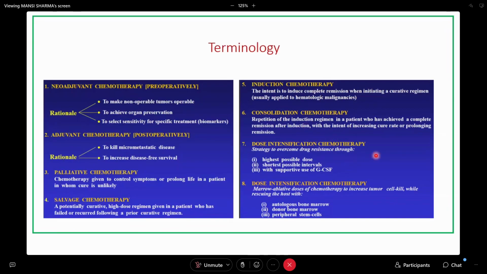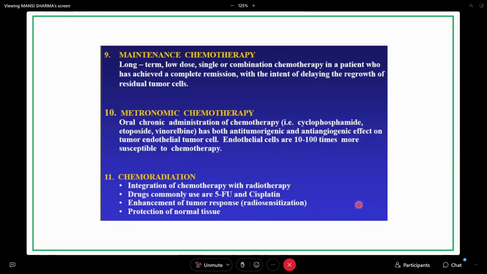Dose intensification is a chemotherapy strategy to overcome drug resistance, which we've discussed earlier. Again, stem cell transplant or myeloablative doses also come under dose intensification. Maintenance chemotherapy is long-term, low-dose, single or combination chemotherapy in a patient who has achieved a complete remission, with the intent of delaying the regrowth of residual tumor cells.